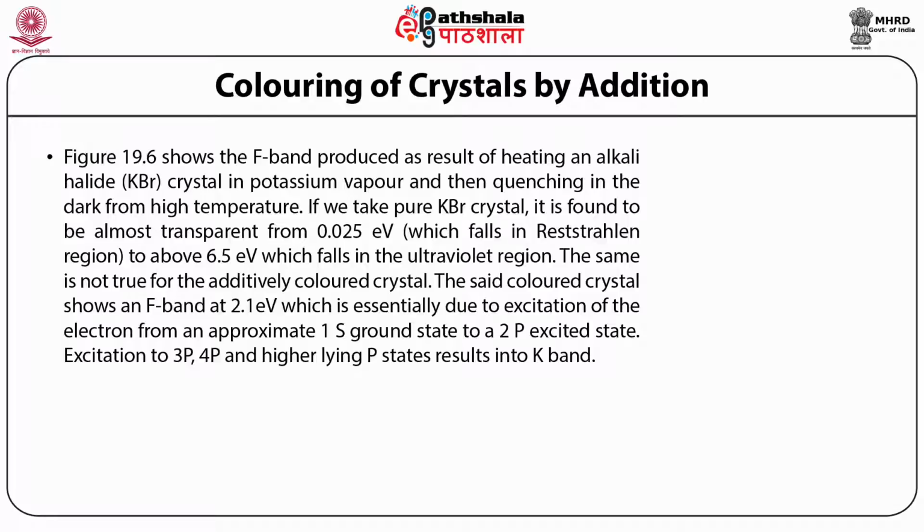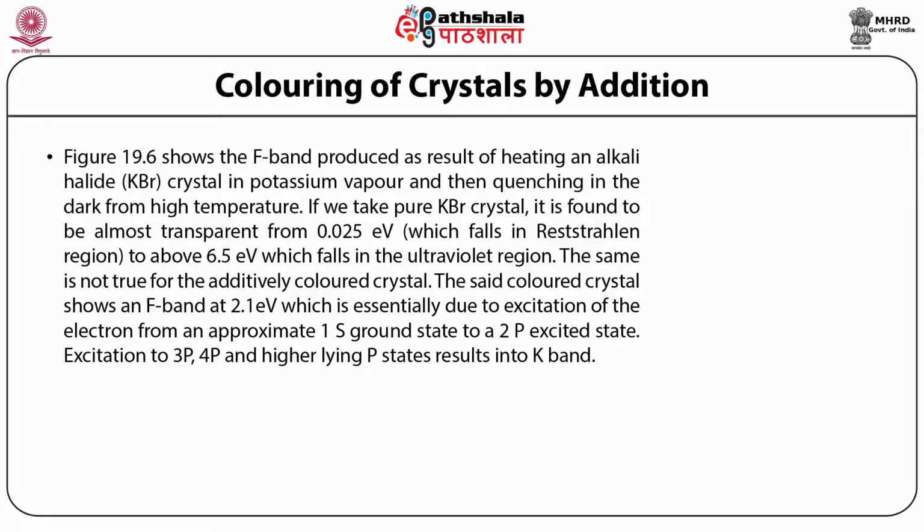The same is not true for the additively colored crystal. The colored crystal shows an F band at 2.1 electron volt, which is essentially due to excitation of the electron from an approximate 1s ground state to a 2p excited state.